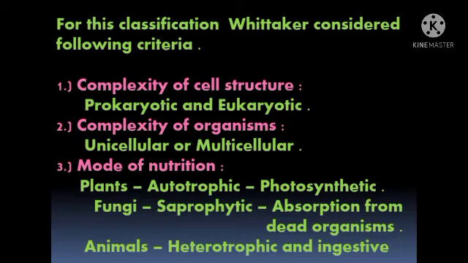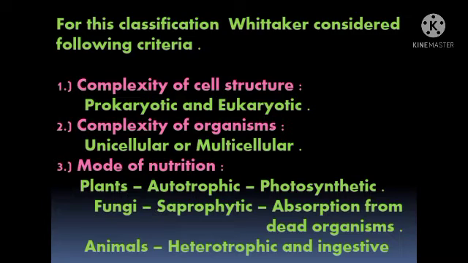The simple cell structure comes under prokaryotic cell. Prokaryotic cell has its cell complexity in a simple manner, and prokaryotic also means lacking a distinct nucleus and other organelles due to absence of internal membrane.